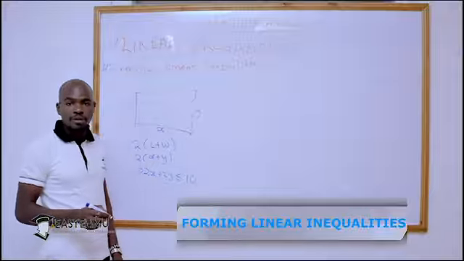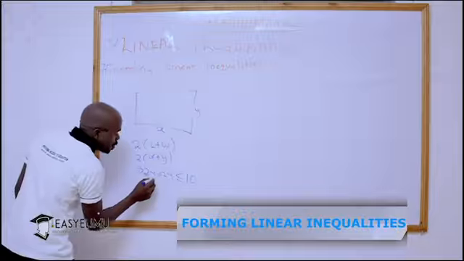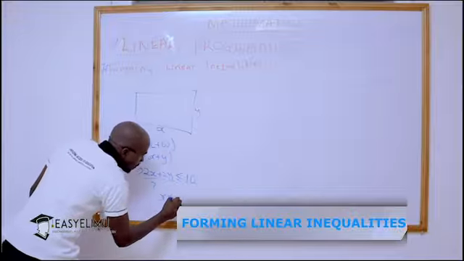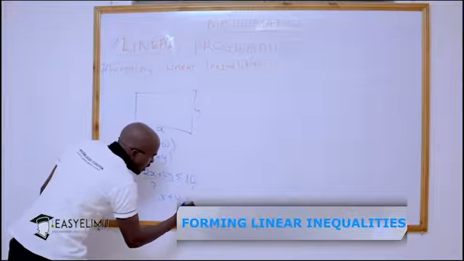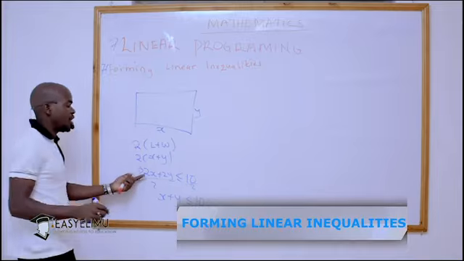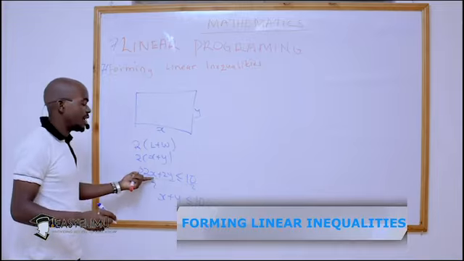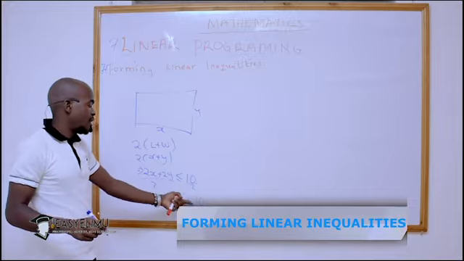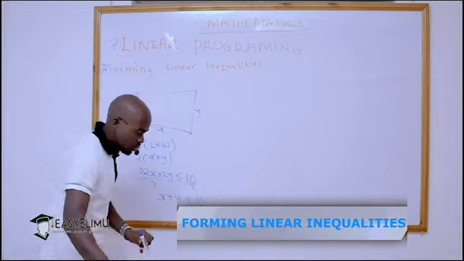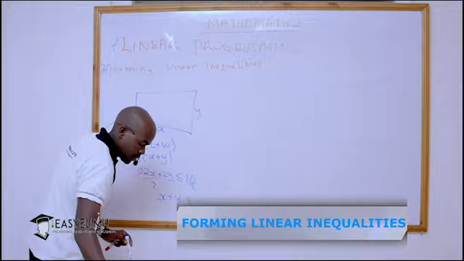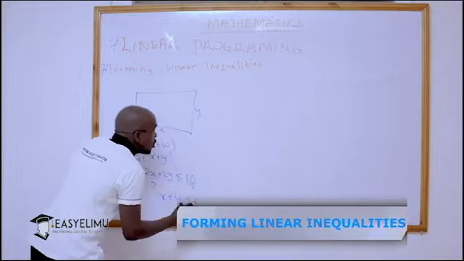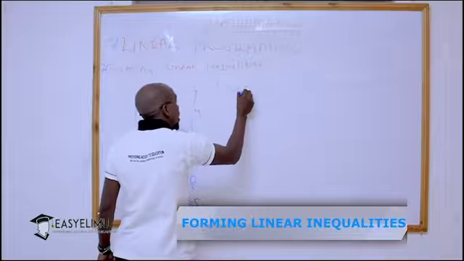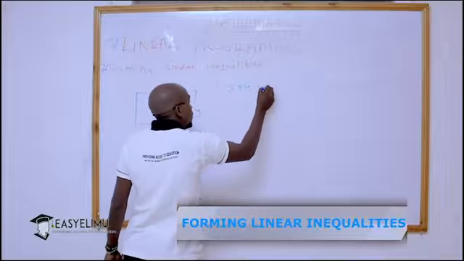That is what we are being informed. If you factor out 2, it divides both of them into 1, 1, and 10 divided by 2 gives 5, not 10. So we shall find that x plus y is less than or equal to 5.